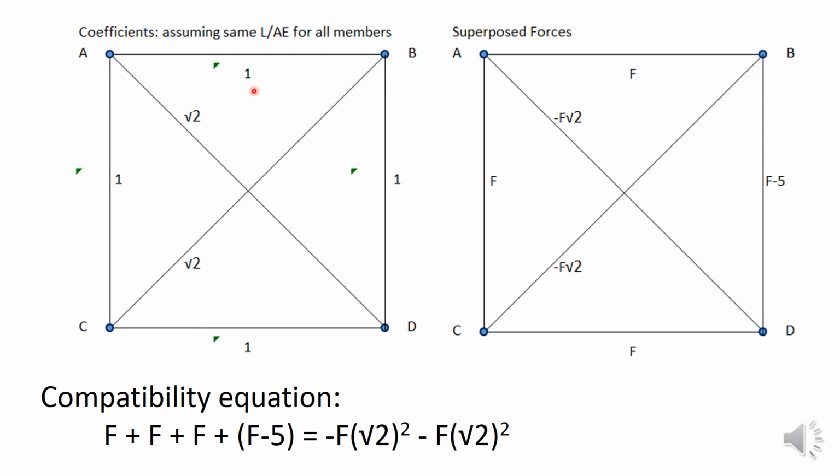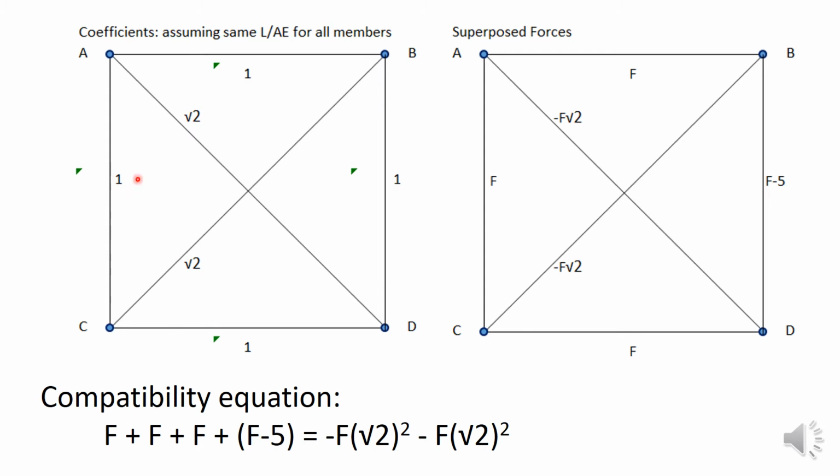So here I've put together previous two slides, A, B, C, D. These are the coefficients for all the members. Here are the superposed forces. Notice F minus 5 here. Superposed forces for all the members. And what we are going to do is multiply the coefficients times the corresponding force and add those along the perimeter.